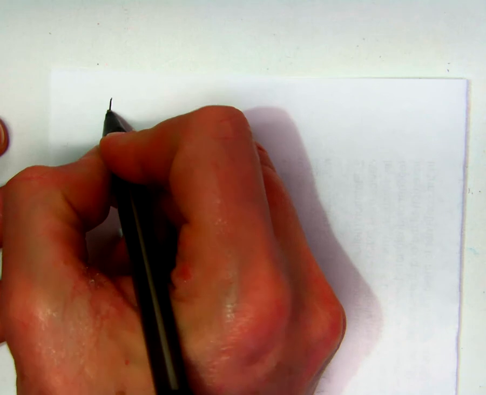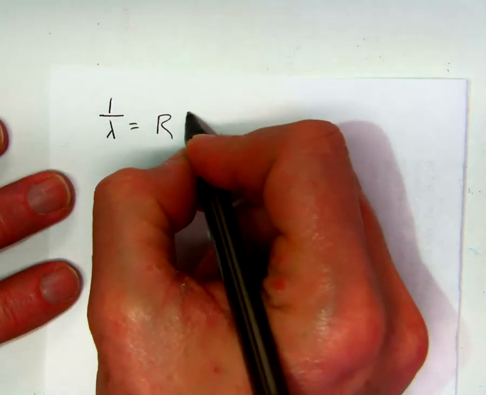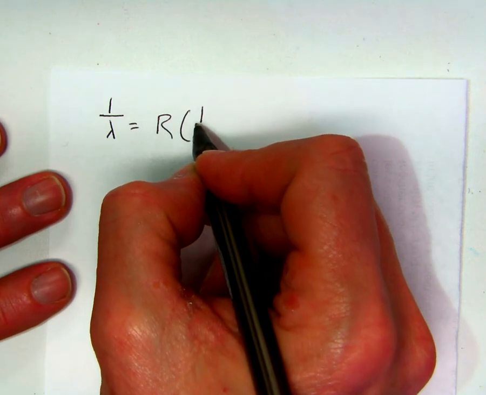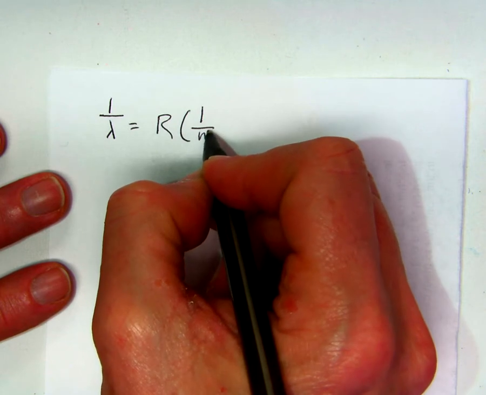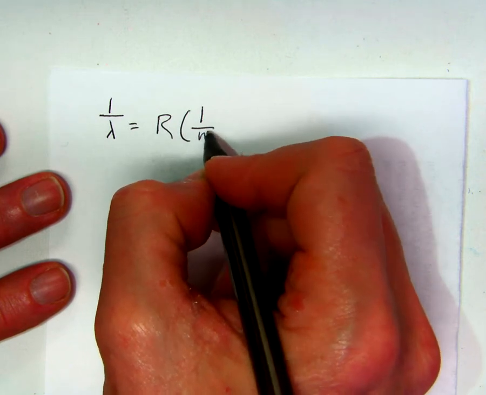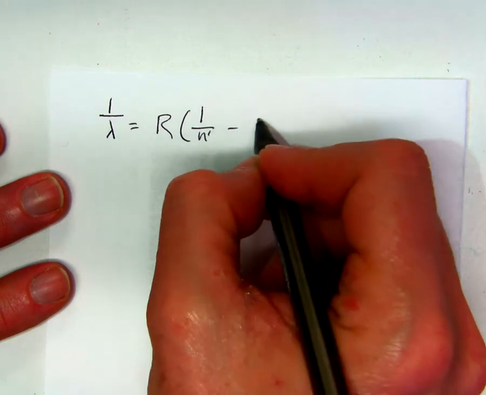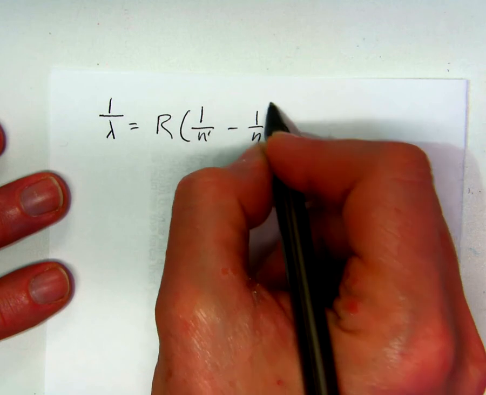And the wavelength ended up following kind of this equation, 1 over n prime squared minus 1 over n squared.